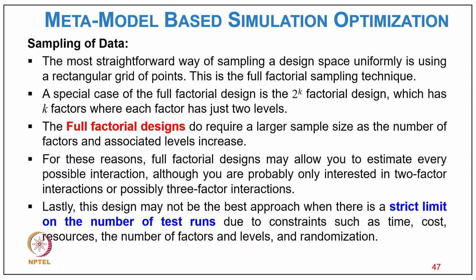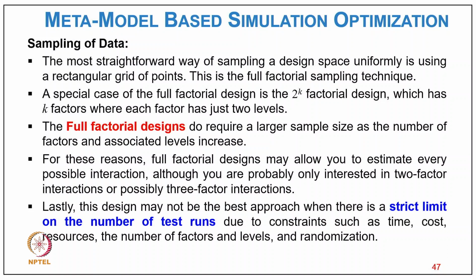The most straightforward way of sampling a design space uniformly is to use a rectangular grid of points, and this is the full factorial sampling technique. A special case of full factorial design is the 2^k factorial design, which has k factors, where each factor has just two levels. The full factorial design requires a large sample size as the number of factors and associated levels increase.